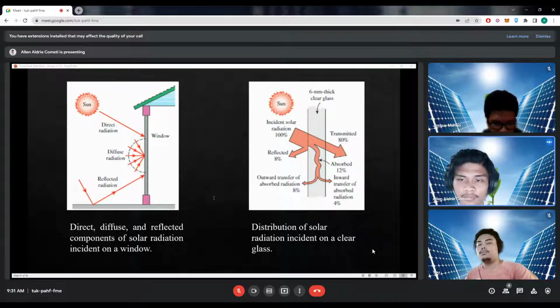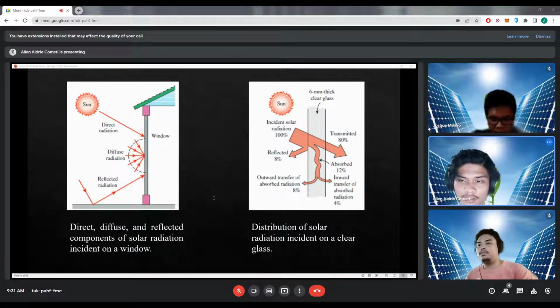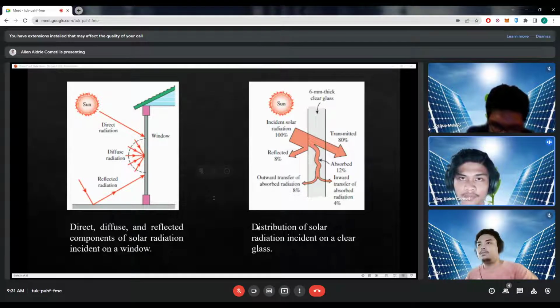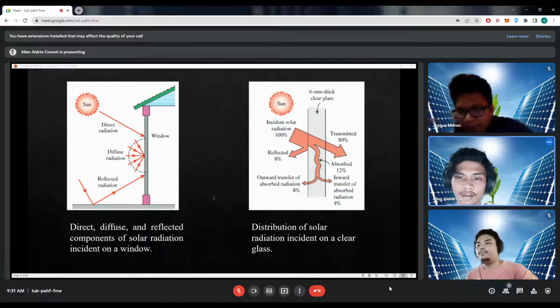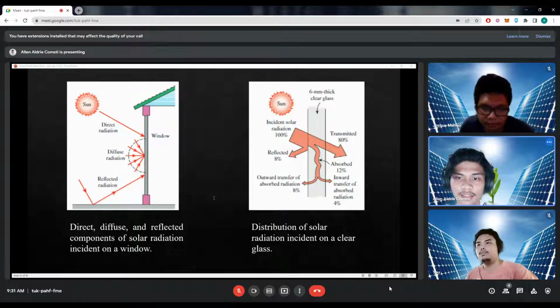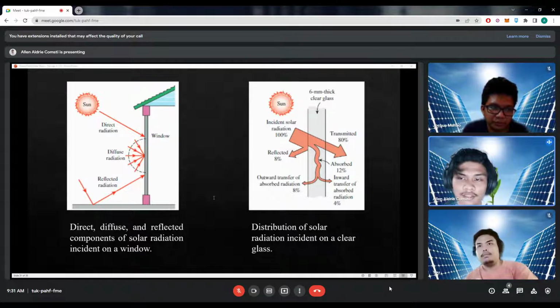Part of it, 5 to 50%, depending on composition and thickness, is absorbed within the glass. The remainder is transmitted indoors. The standard 3 mm thick, 1/8 inch, single pane, double strength, clear window glass transmits about 86%, reflects 8%, and absorbs 6% of the solar energy incident on it.